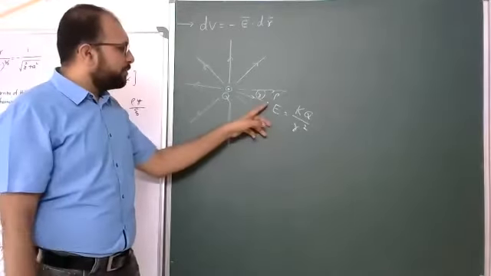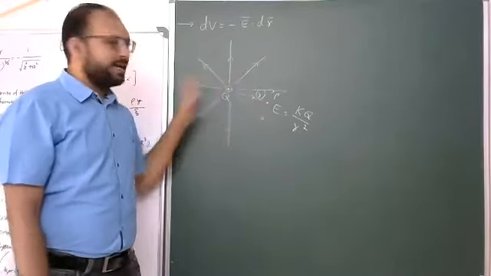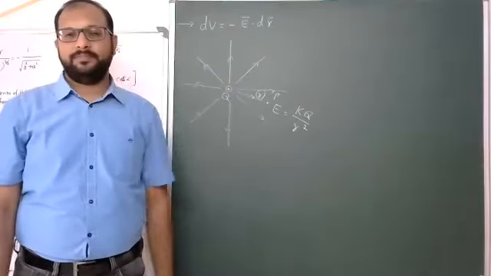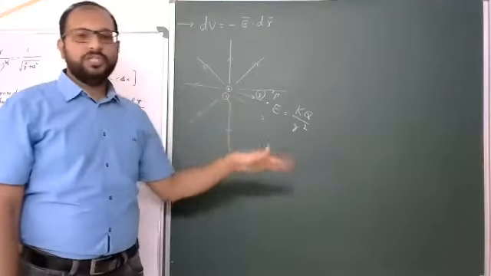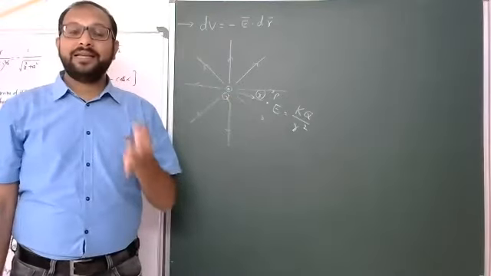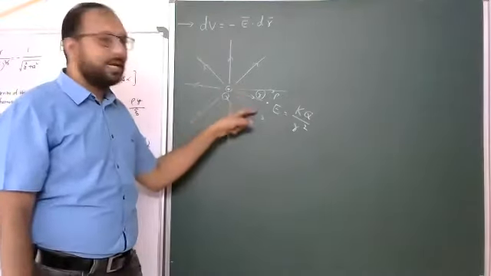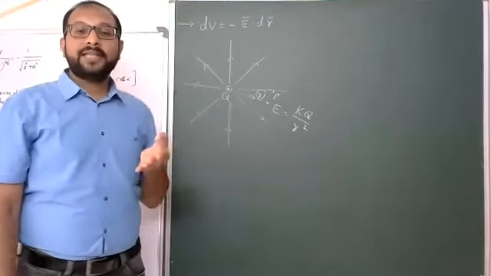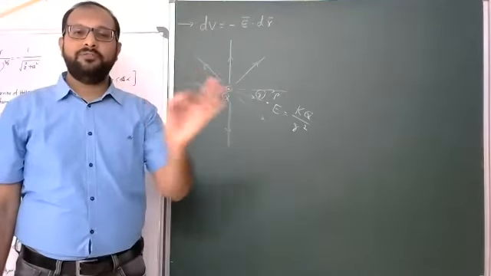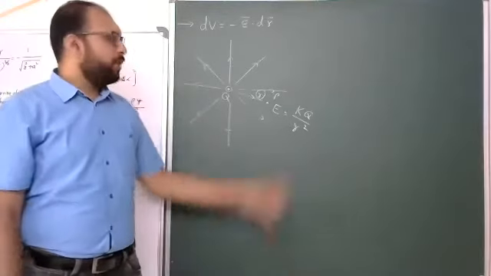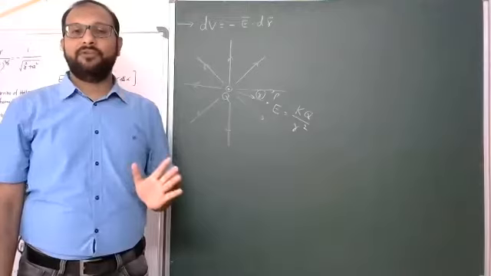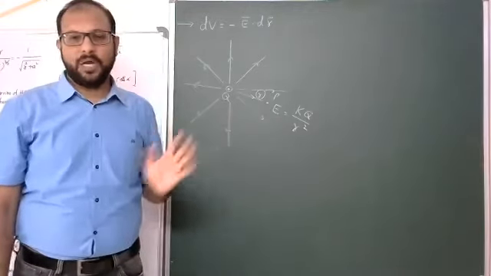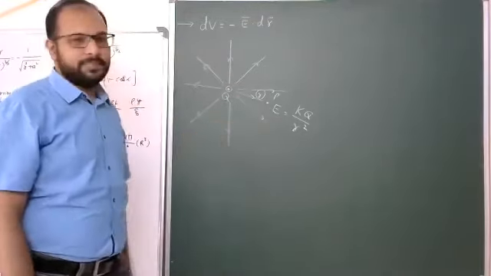If you move from here to somewhere else, R changes, so electric field also changes. That means electric field depends on the location. So this type of electric field is a non-uniform electric field. Once the electric field is non-uniform, integration is mandatory to find the potential difference. This is the concept.